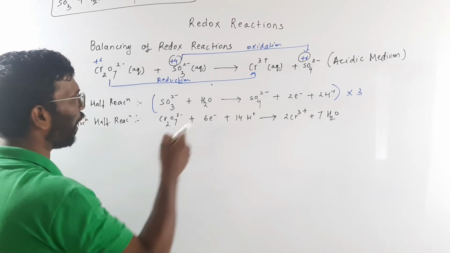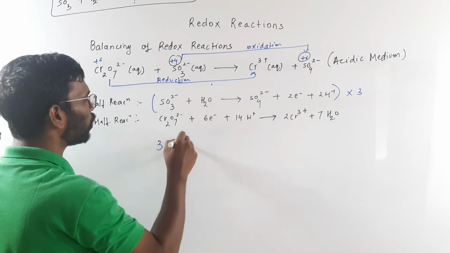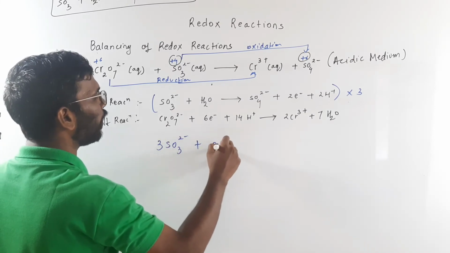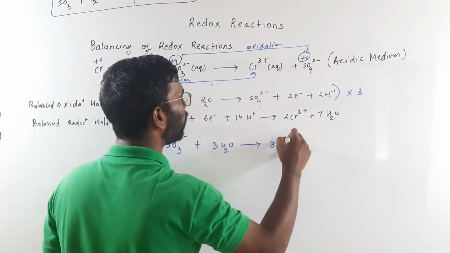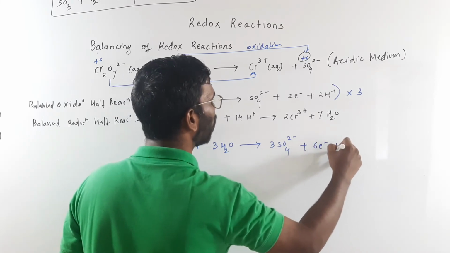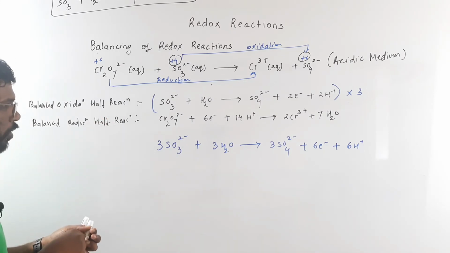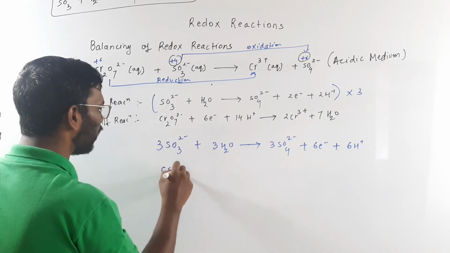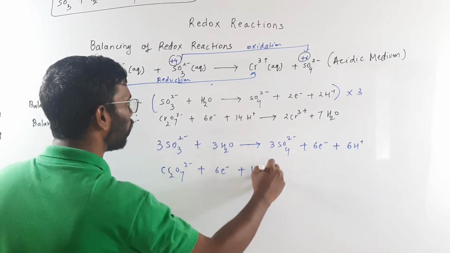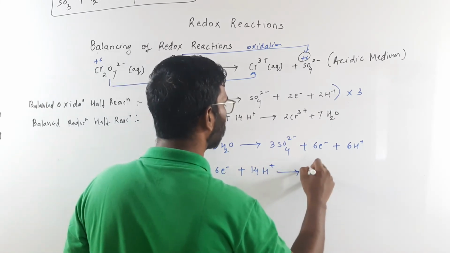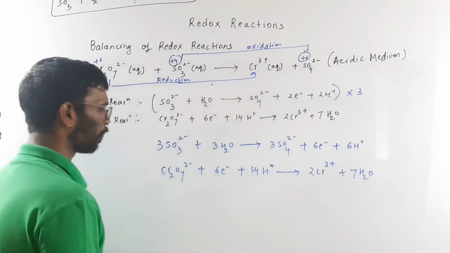So here, if I multiply 3 to this, I get 3SO3 2 minus plus 3H2O gives 3 sulfate and the 6 electron and 6H plus. This is the oxidation half reaction. The reduction half reaction is as it is: Cr2O7 2 minus plus 6 electron plus 14H plus gives 2Cr3 plus and the 7H2O.